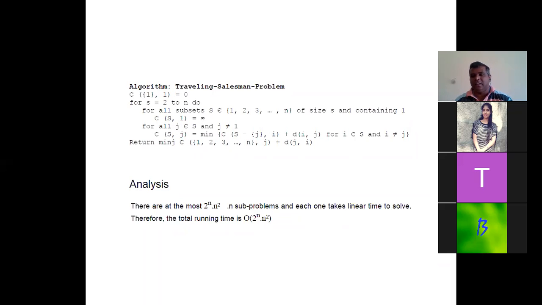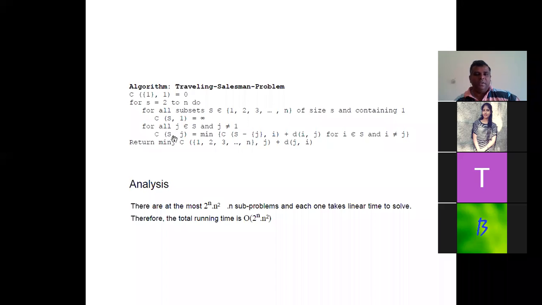Whatever G matrix I explained, here it is C. For all J belonging to S, in the example I have taken K, here J is there. For all J belonging to S and J not equal to 1, J should not be a starting node, that is a visited node.